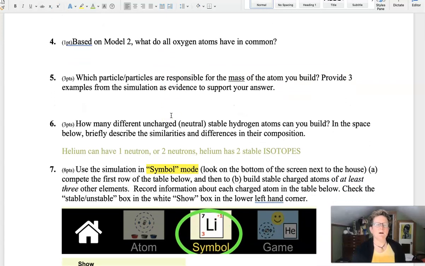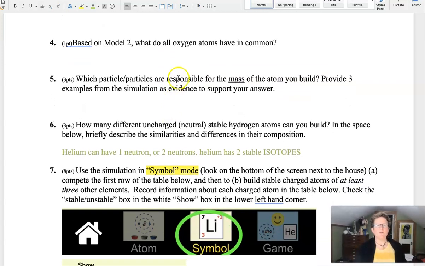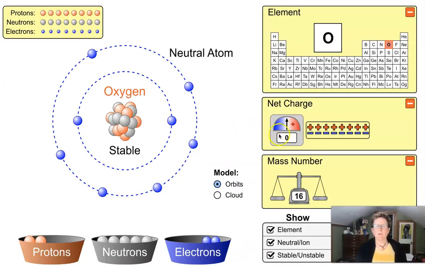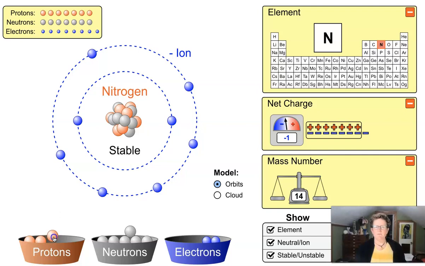Which particle or particles are responsible for the mass of the atom you build? Let's go experiment a little bit here. Here's the mass number of 16. If we take out a neutron, it drops to 15. If we take out a proton, it becomes a different element, and the mass number drops to 14.